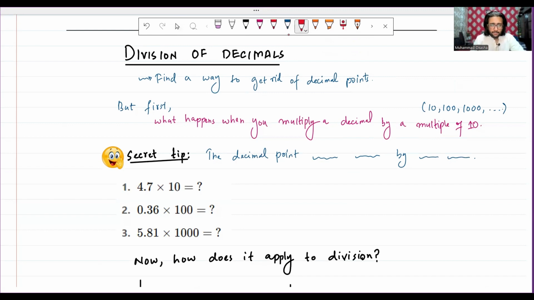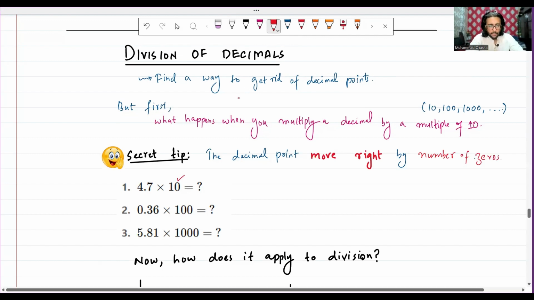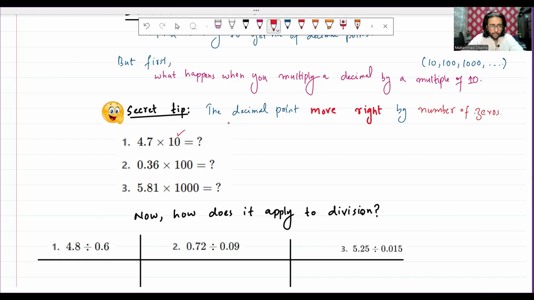What happens is the decimal point moves to the right by the number of zeros. What do we mean by that? For example, how many zeros are there in the first one? There is one 0. So you take the decimal point and move it one place forward.